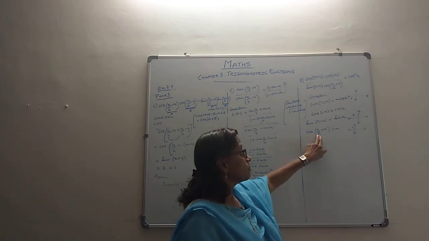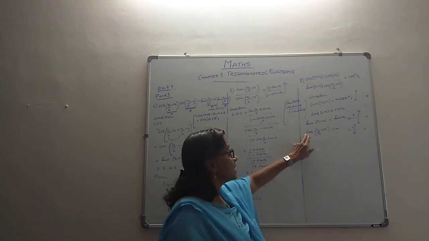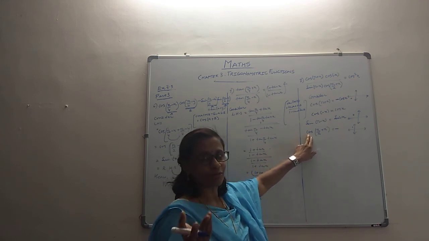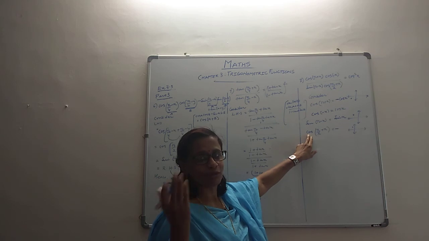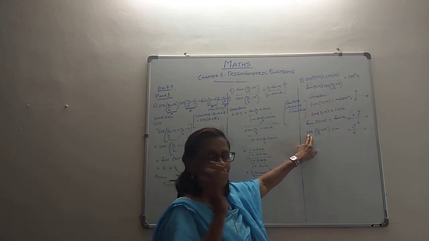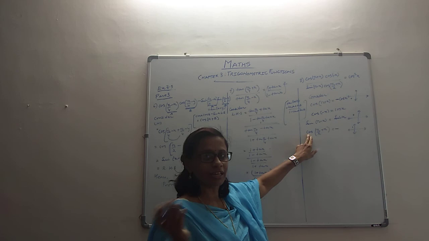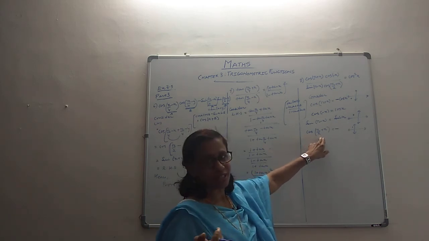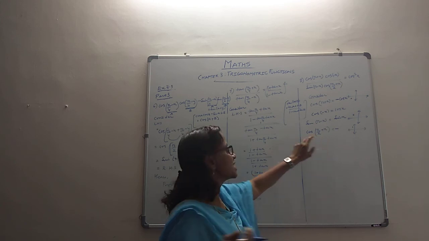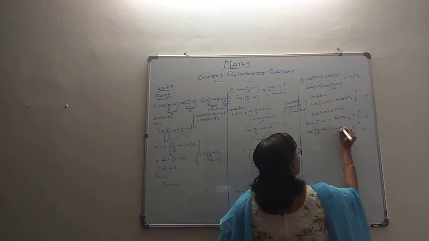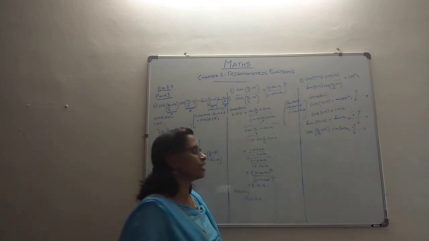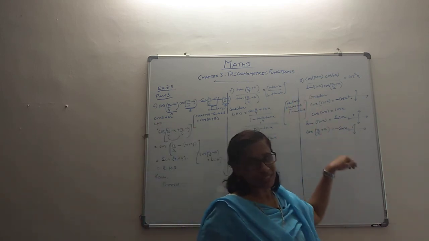But the moment pi by 2 or 3 pi by 2 comes, the ratio will reverse and go to its counterpart. Cos will go to sine, tan will go to cot, sec will go to cosec, and the other way around also. Sine will go to cos. It will interchange. So there is a ratio interchange. Because it is pi by 2 over here, there is a ratio interchange, and it will now become minus sin x. So you should be careful. This is what the conversions amount to.